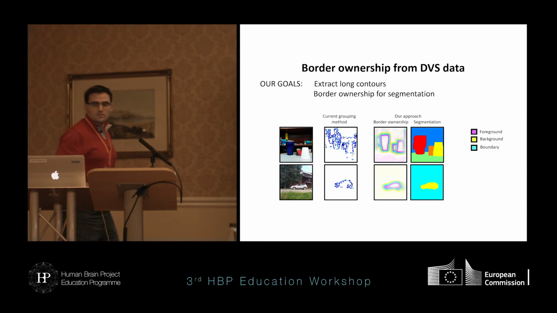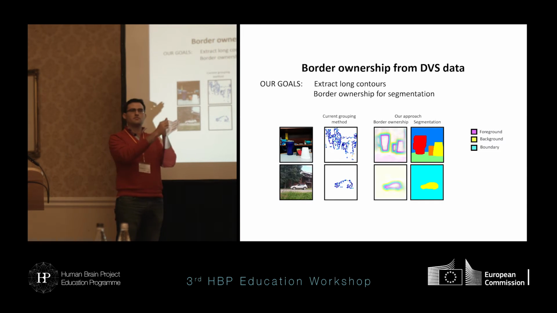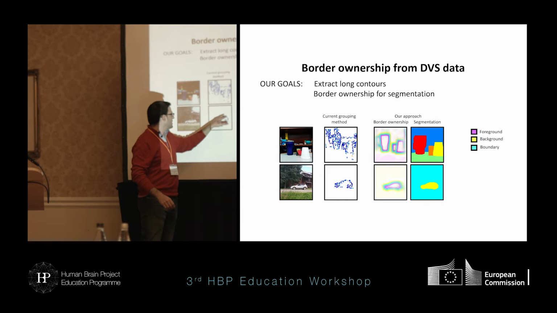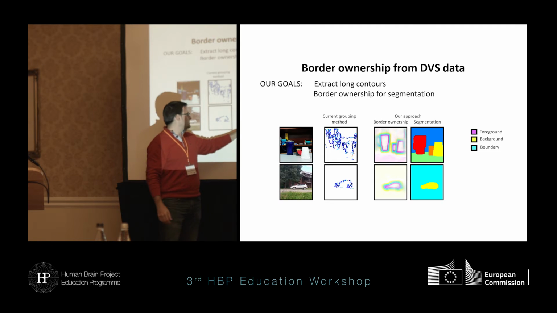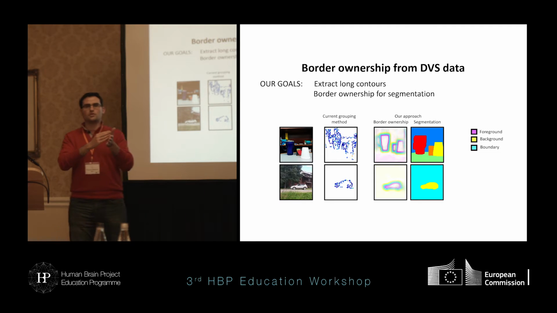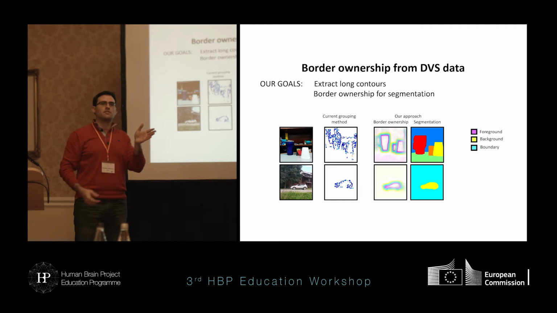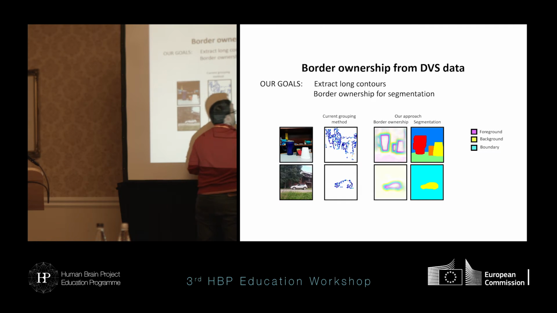What we did was we tried to learn how to connect all these pieces of information that we have here, and try to extract long contours, as you see here, that are creating a closed contour, so we can diffuse inside that closed contour and outside and say, here's the object, here's the background, right? And those are the colors I'm showing there, and that's the legend, right?